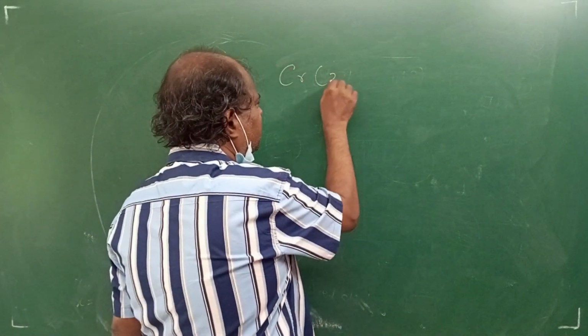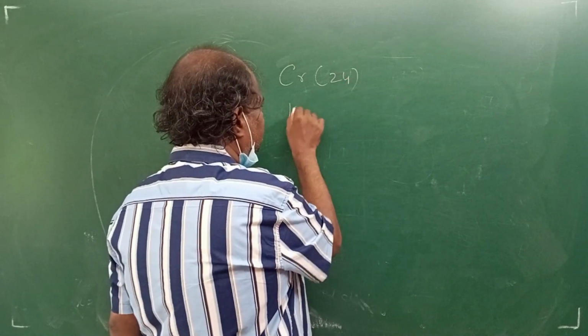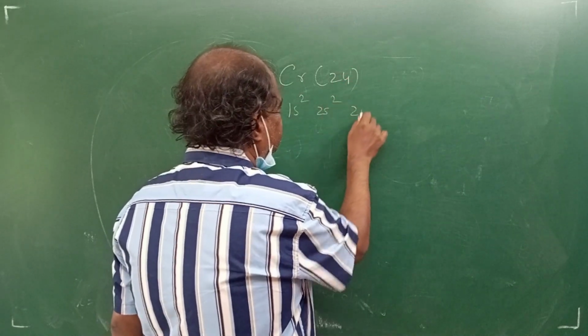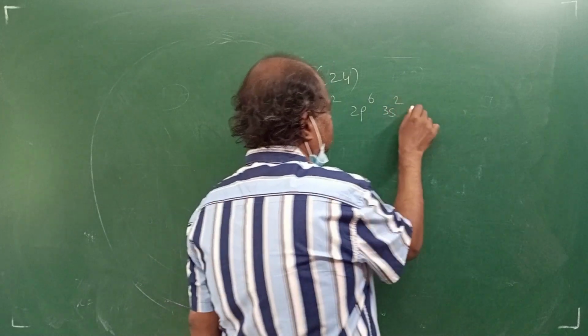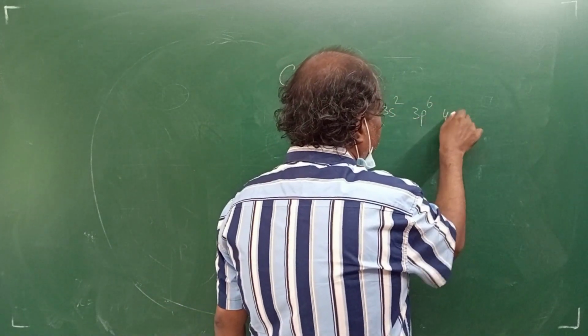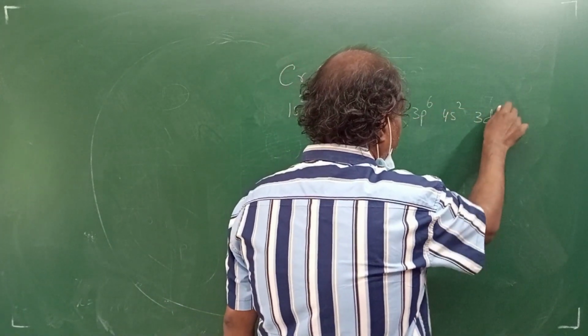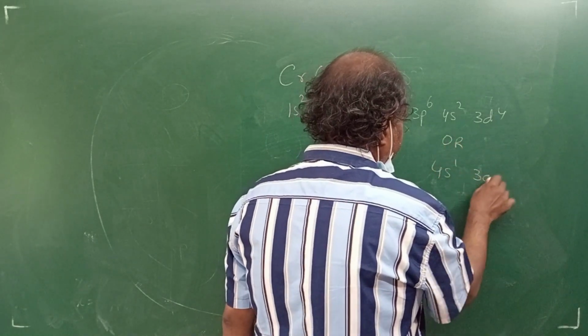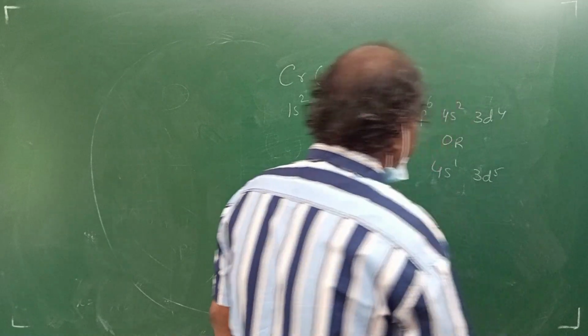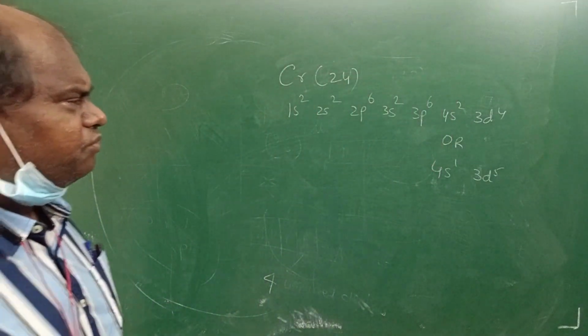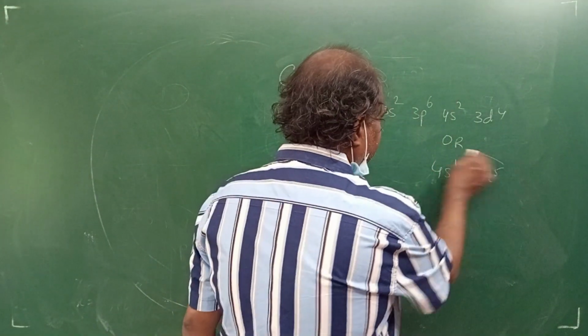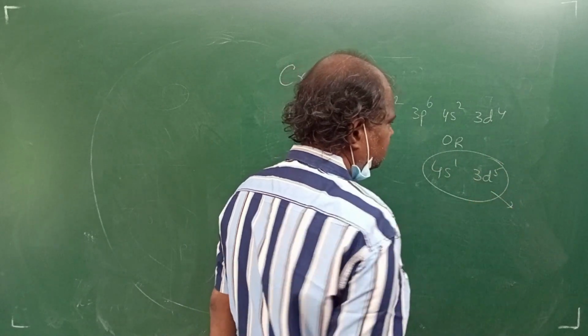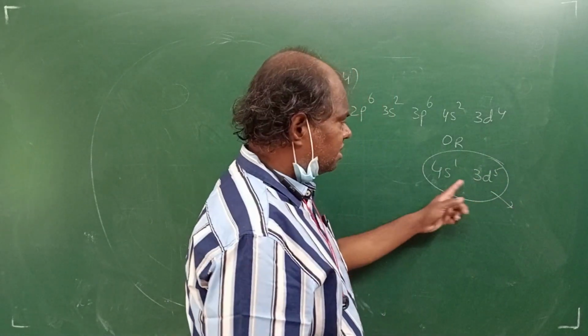Chromium atomic number is 24. Same thing, 1s2, 2s2, 2p6, 3s2, 3p6. Here comes the problem. Should you write 4s2, 3d4 or should you write 4s1, 3d5? Which is correct? Please remember, 4s1, 3d5 is correct. We have done this earlier.